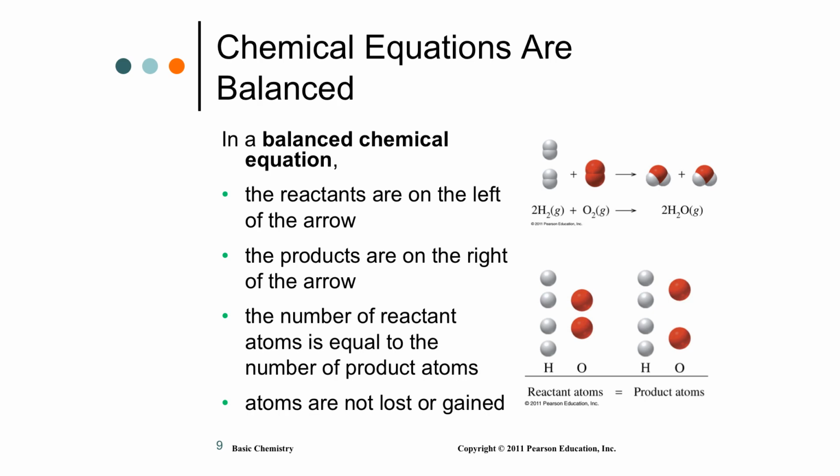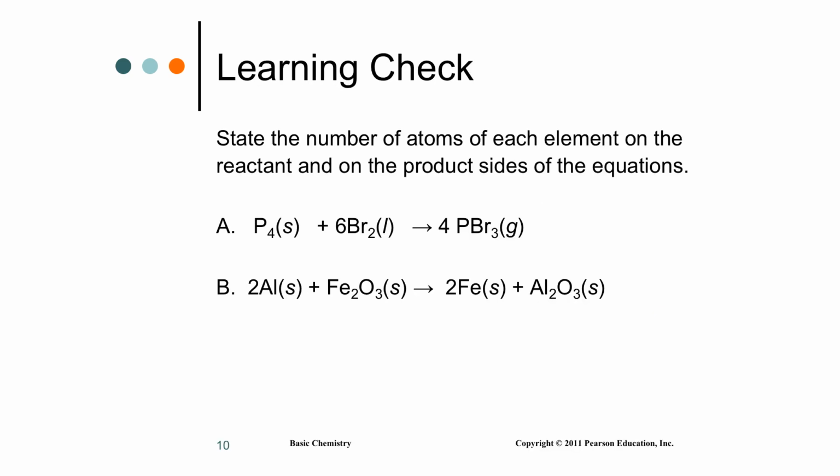You have to put it down to the smallest ratio to where those atoms will combine to make the new things. The reactants are on the left, the products are on the right. The number of reactant atoms is the same as the number of product atoms. You're not going to gain atoms by doing a chemical reaction, and you're not going to lose them.